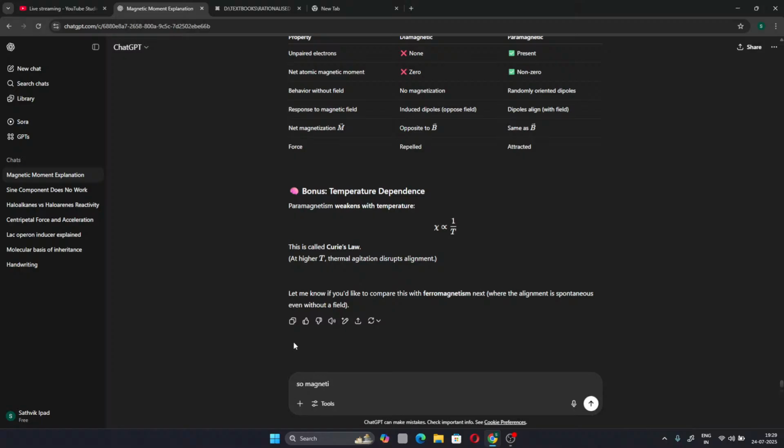So magnetization for diamagnetic materials is due to altering of orbits of electrons, and for paramagnetic substances is alignment of individual magnetic dipoles.